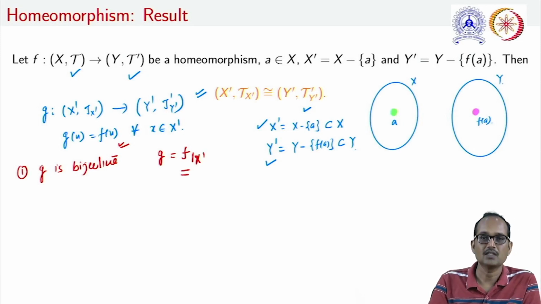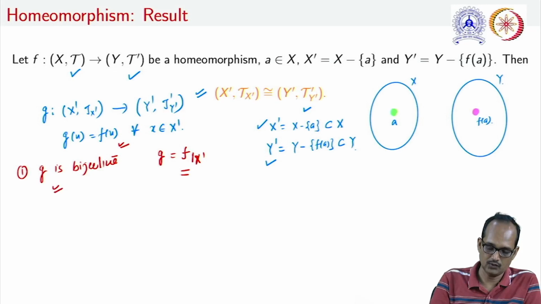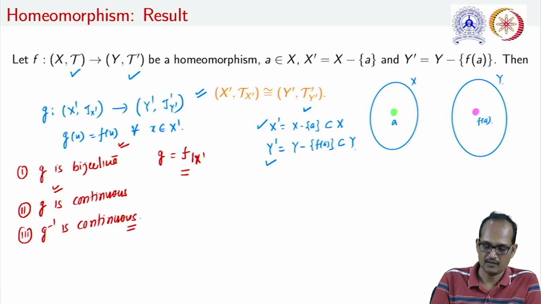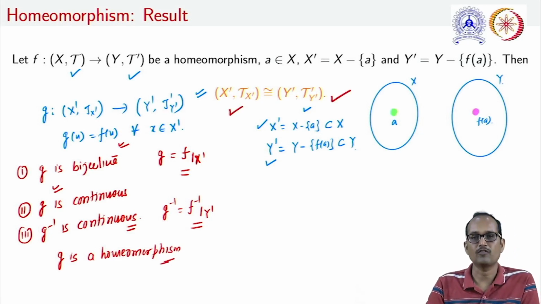So g is bijective. We know that restricted functions are continuous, so g is also continuous. g inverse is continuous too, because that can be visualized as a restricted function, that is f inverse over Y dash, and therefore g is a homeomorphism, and hence this topological space is homeomorphic to this one.